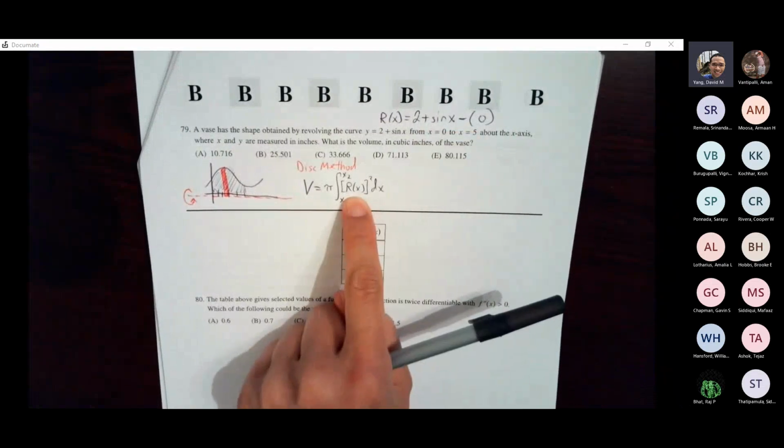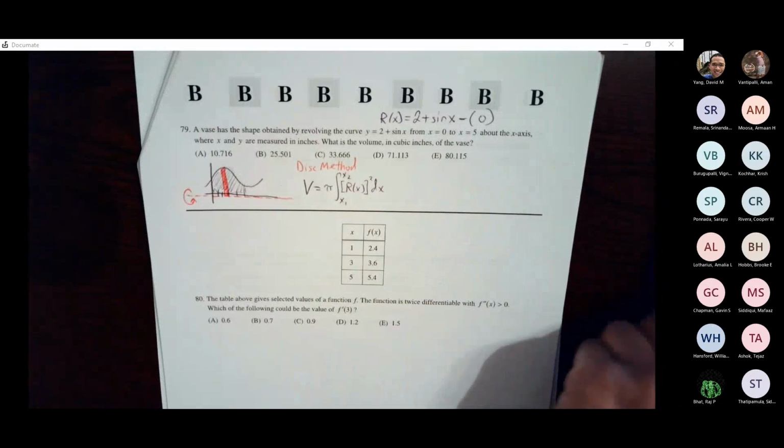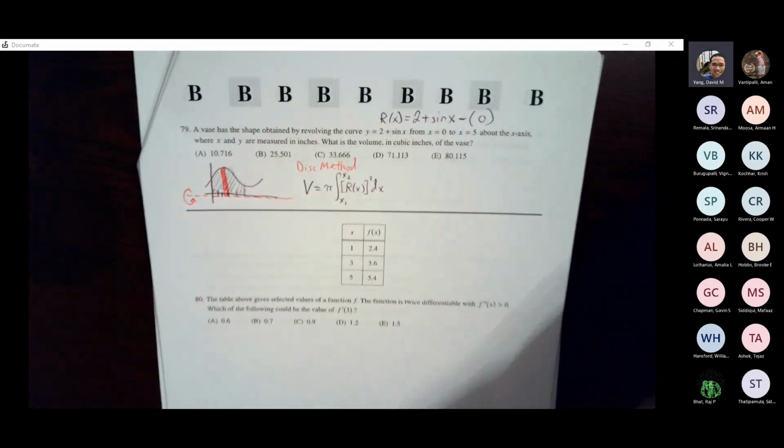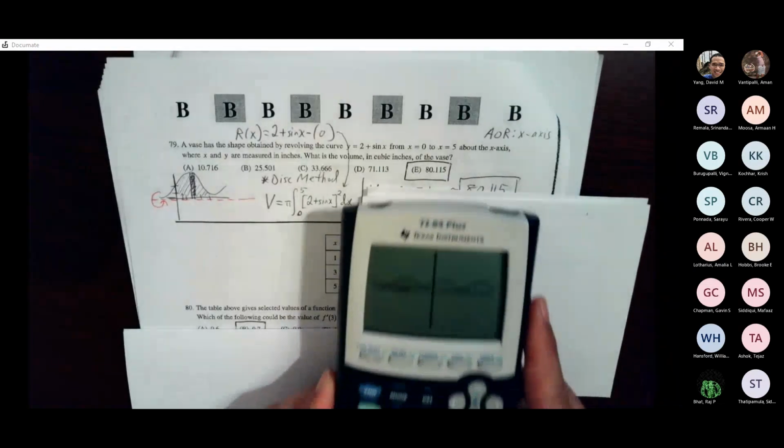We just insert into our formula from 0 to 5. Right, the rest just goes into our calculator. Okay, math 9.